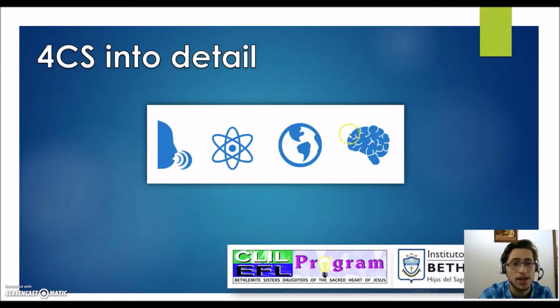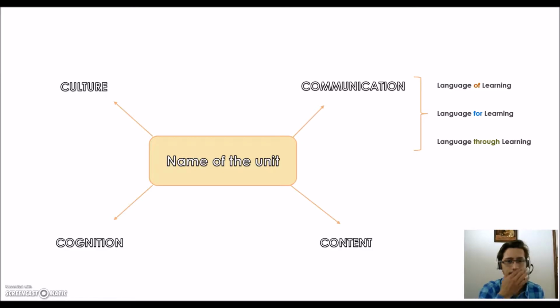And this one is related to cognition, everything that is related to thinking, all of the thinking processes. This is an example of a map, and this is the structure, yeah? These are the 4 parts that a map has. The idea is that you include these kinds of maps in the plans, in the syllabus, yeah?